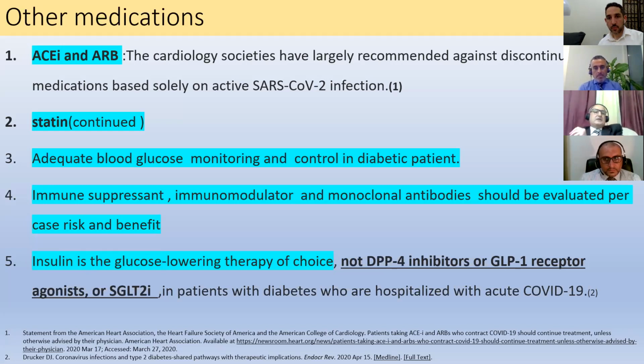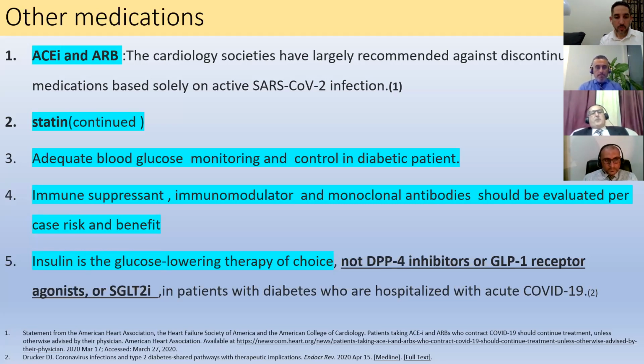And recently, the BRACE CORONA trial, a randomized controlled study comparing those who are using ACE inhibitors and ARBs with those who are not, found that there is no difference in mortality and no difference in the 30-day stay in the hospital. For statins, again, they are recommending to continue the treatment during the course of therapy for COVID.